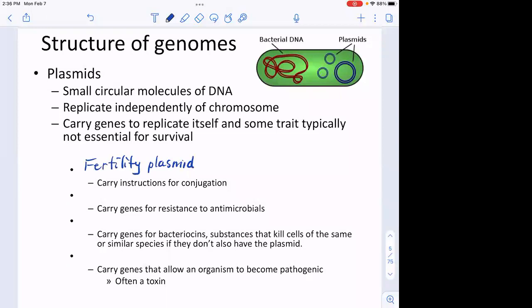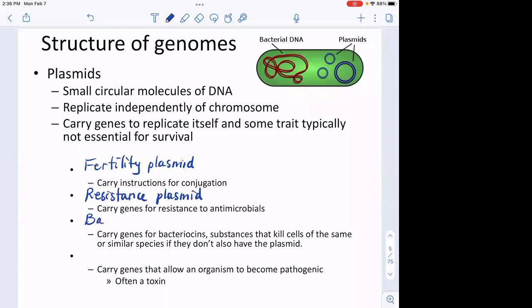If the organism has this fertility plasmid, it enables them to make a pilus. A resistance plasmid carries instructions to help them survive in the presence of some antibiotic. We'll talk more about bacterial resistance in 2-3 weeks, probably right after spring break.